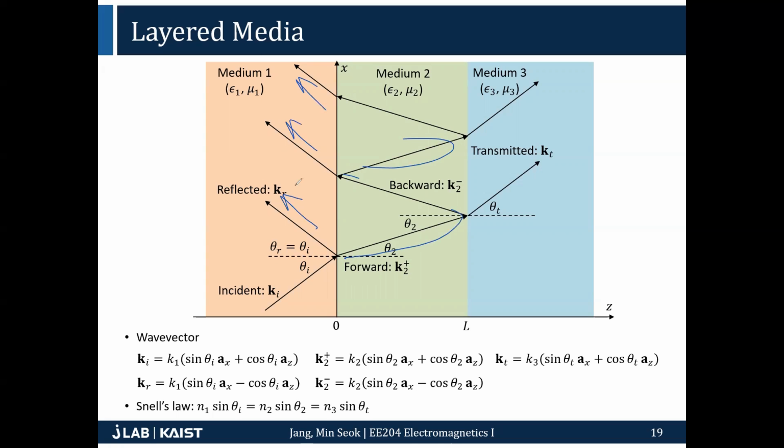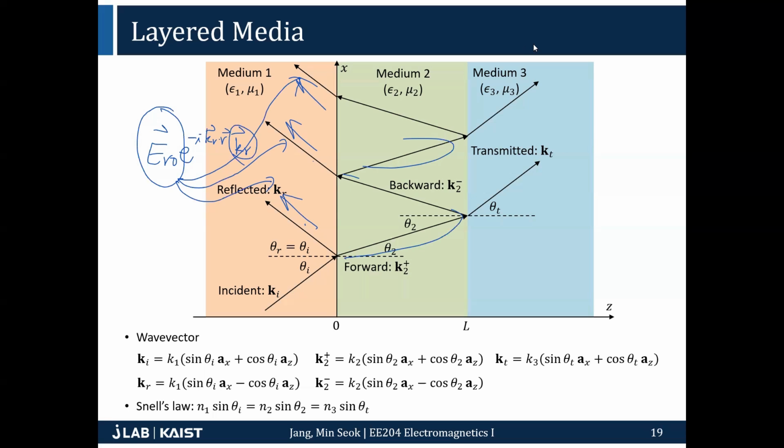But because all these waves have the same k vector of K_R, you just describe things like E_R naught e to the minus j K_R dot r, right? And this thing takes into account all partial waves. That's how we simplify the problem. And there's no problem doing this because all these waves share the same k vector.